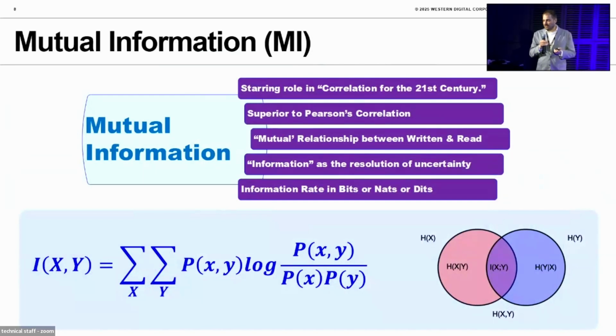So one of the concepts that we use in the HDD space is called mutual information. If you look it up on the web, in machine learning today, one of the articles one of my engineers found said it's the correlation for the 21st century. Whether or not I believe that, I don't know. But the idea is that mutual information means the relationship between what I wrote and what I read.